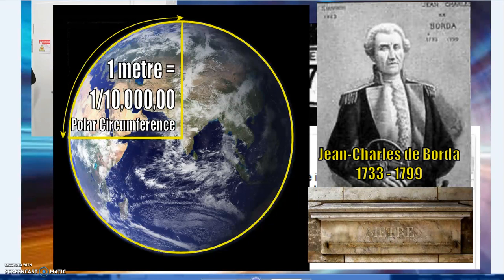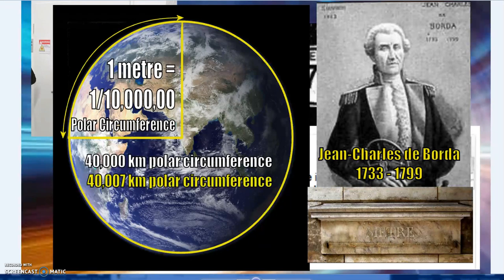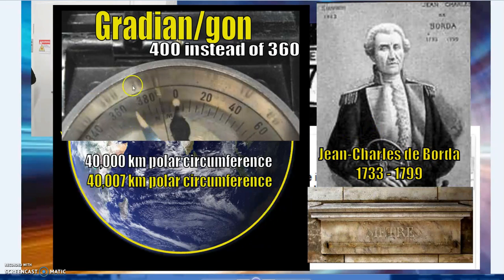But that was the definition of the meter, and it was part of a movement to make everything metric. We really came close to almost having a metric compass and clock, and this was part of a movement spearheaded by people like Borda. For instance, he wanted to introduce, and it's still used, it's in there but not well used, the gradian or the gon, where we would have divided a circle into 400 instead of 360.